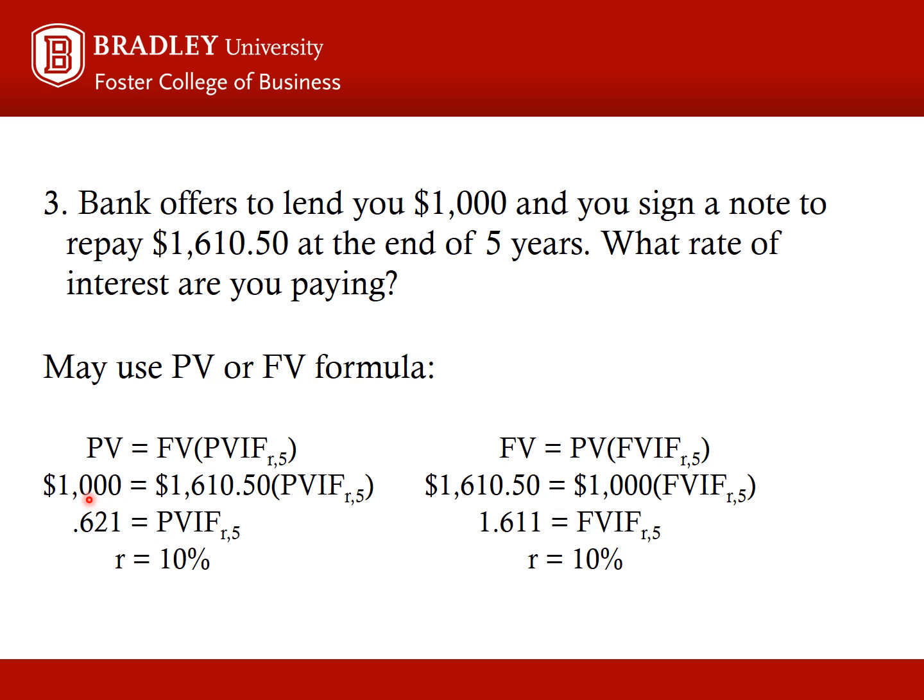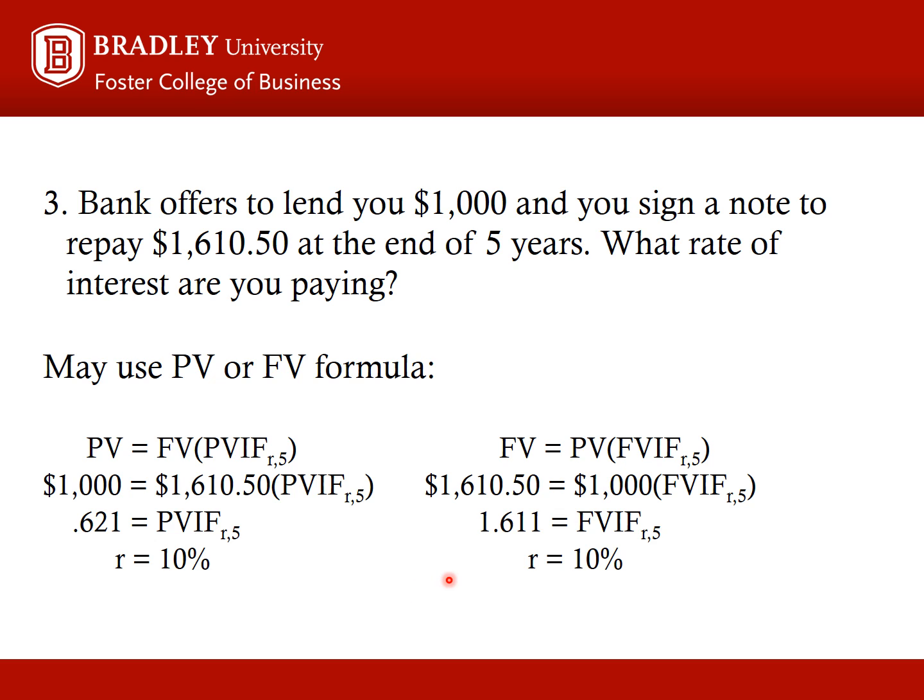Now what I would do is take this $1,000, divide by $1,610.50, and here I have my present value interest factor at year 5. So I go down into the body of my table, down 5 periods, and move across the body of the table until I see 0.621, and you should find it right underneath the 10% column. And that tells us then that our interest rate was 10%.